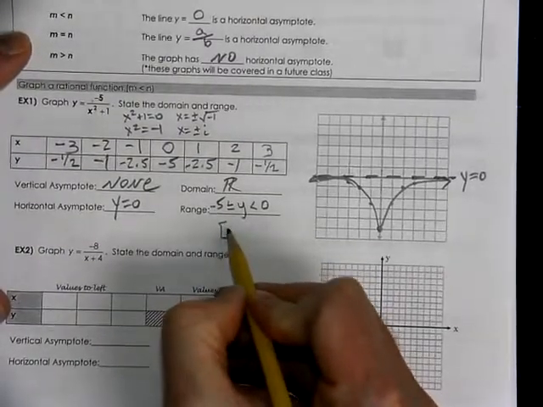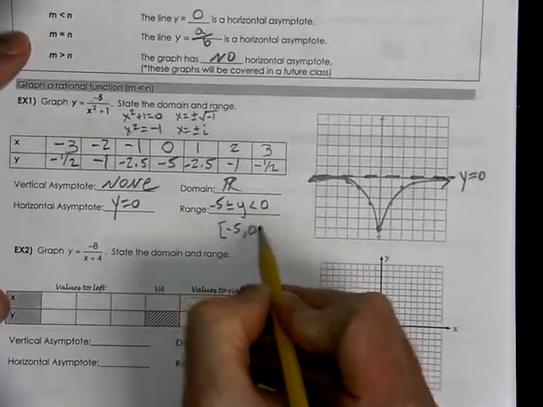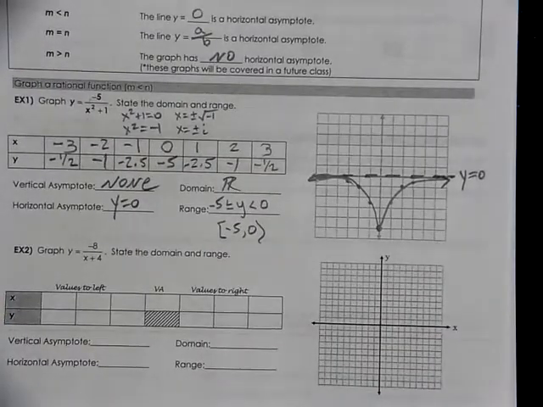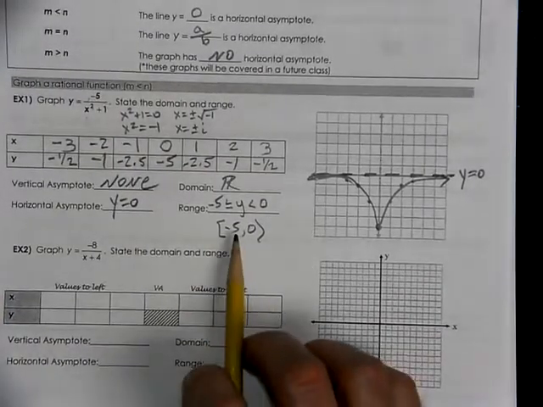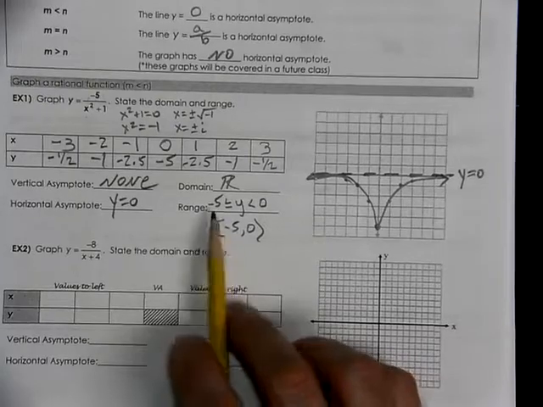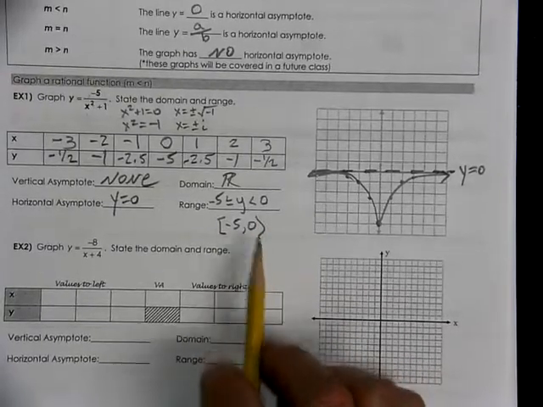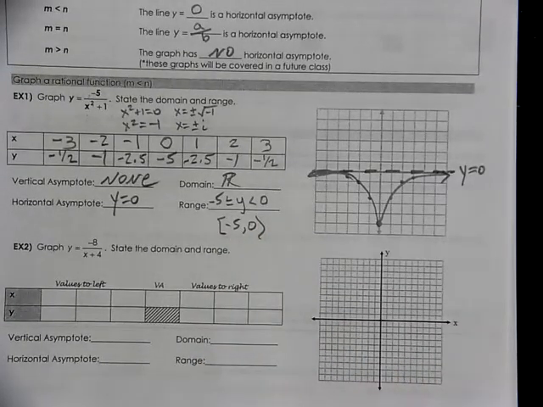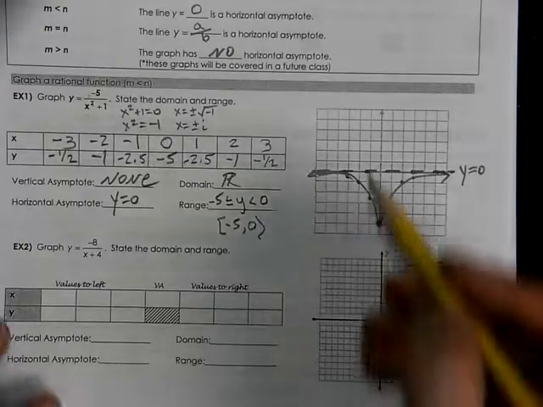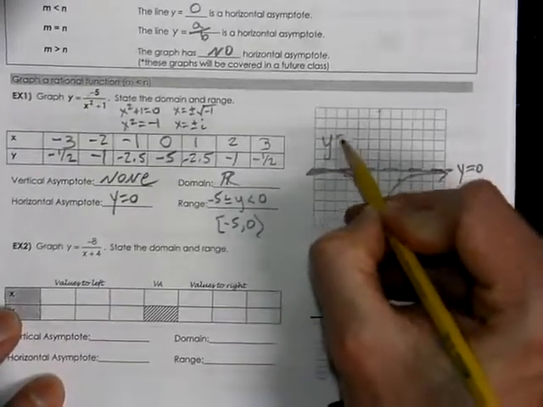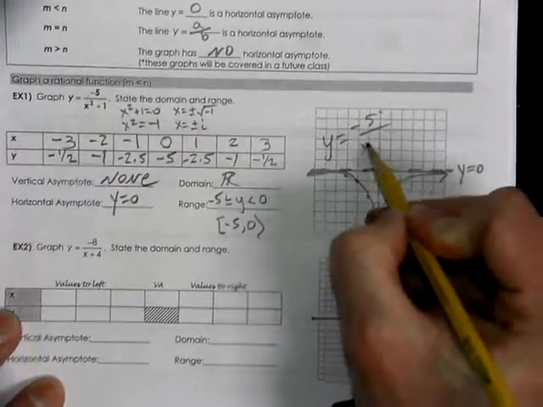The other notation we could use would be interval notation, with -5 with the square bracket, because it can include -5, and a round bracket on 0, because it'll never reach the 0. Always remember to write your equation.